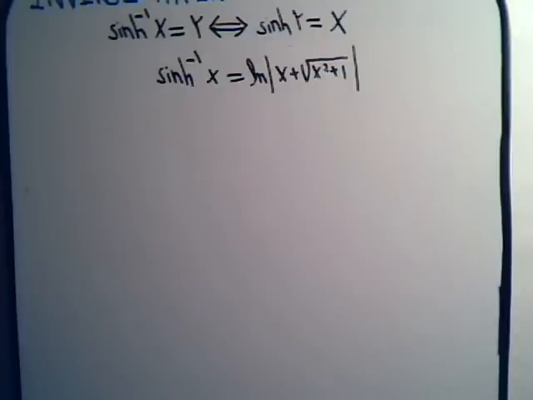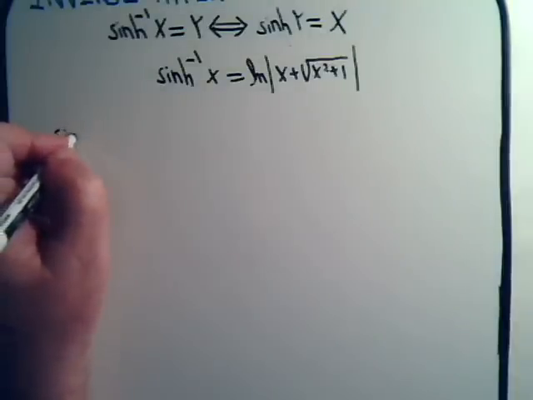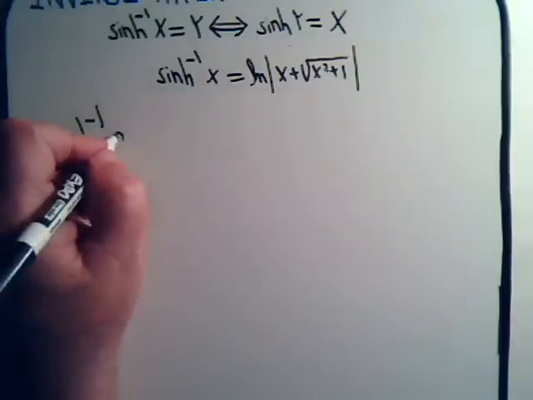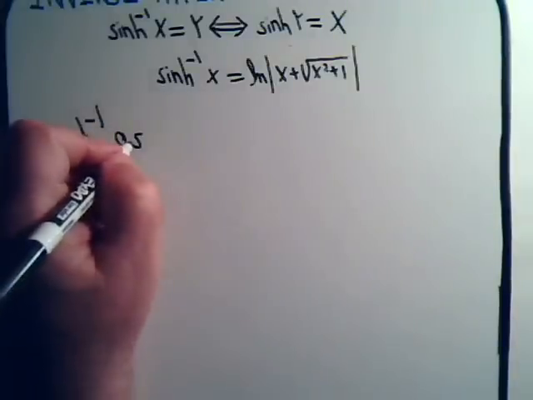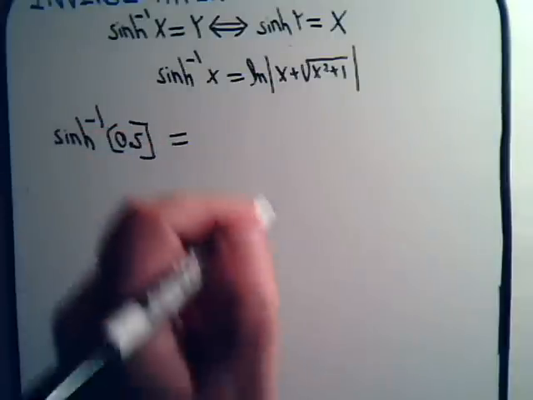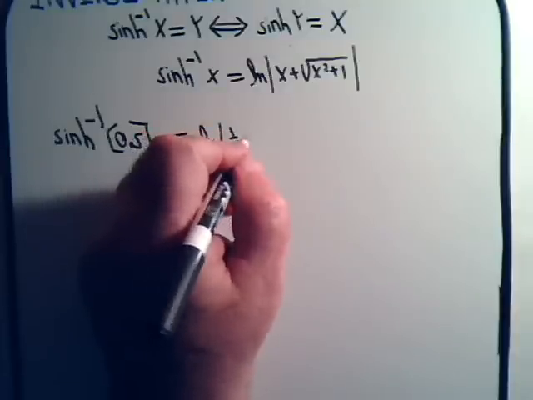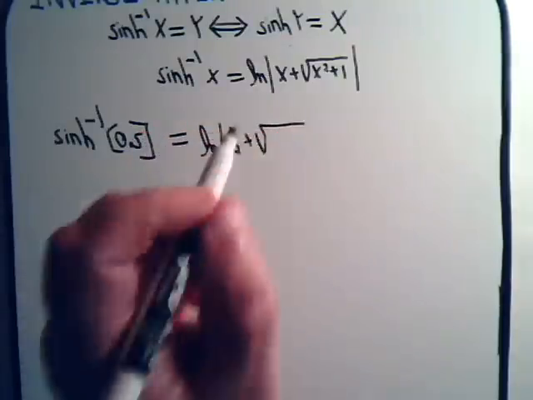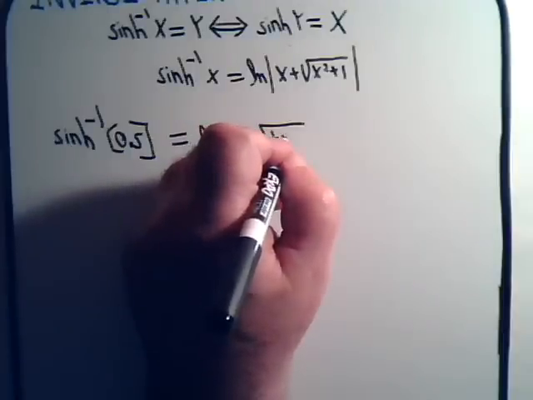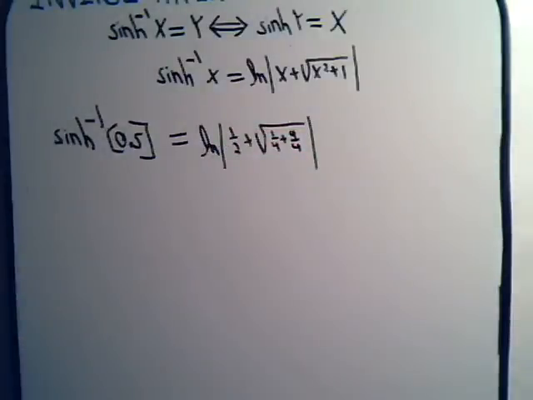Let's say that, for example, though, we want to find the inverse hyperbolic sine of 1/2. Then that would be equal to the natural log of 1/2 plus the square root of 1/2 squared. That's 1/4 plus 1, which is 5/4.